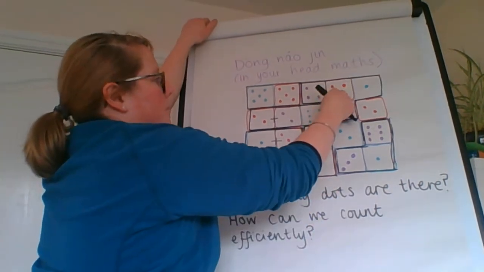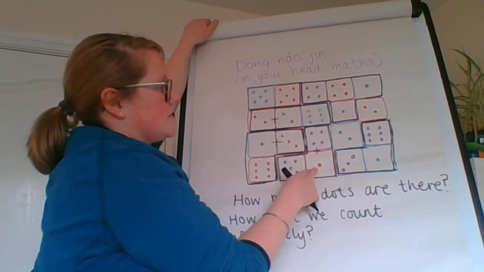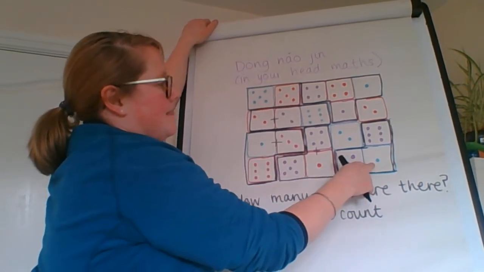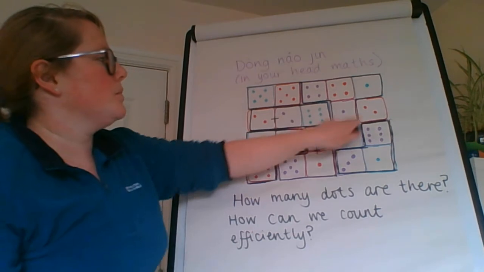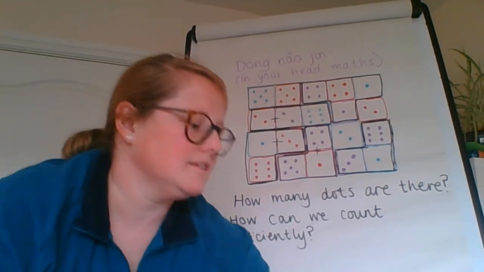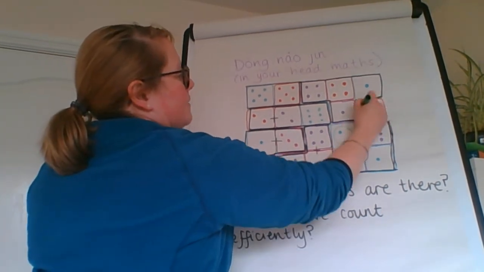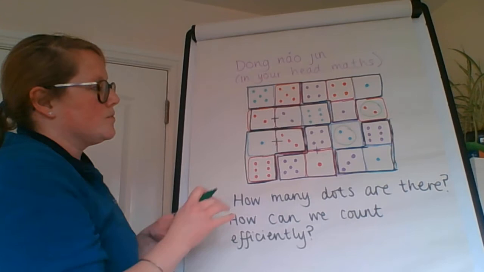So I've got 1 lot of 10, 2 lots of 10, 3 lots of 10, 4 lots of 10, 5 lots of 10, 6 lots of 10, and then I've got 2 squares left. So I'm going to get a green now, because I've got this one and this one left. I've used all the others.